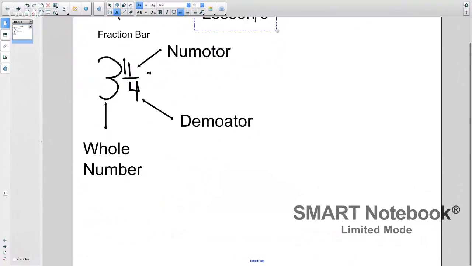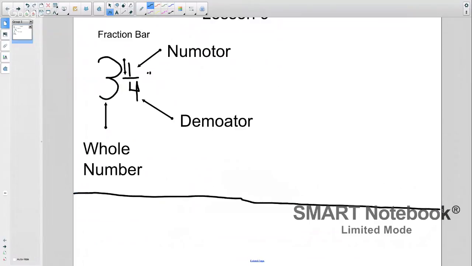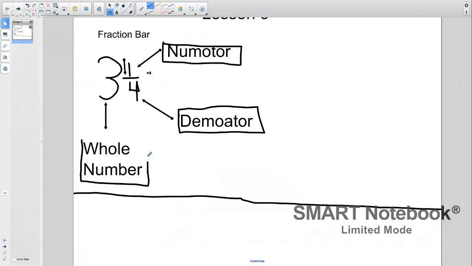So, this is important. This is important, the numerator. The denominator is important. And the whole number is important.